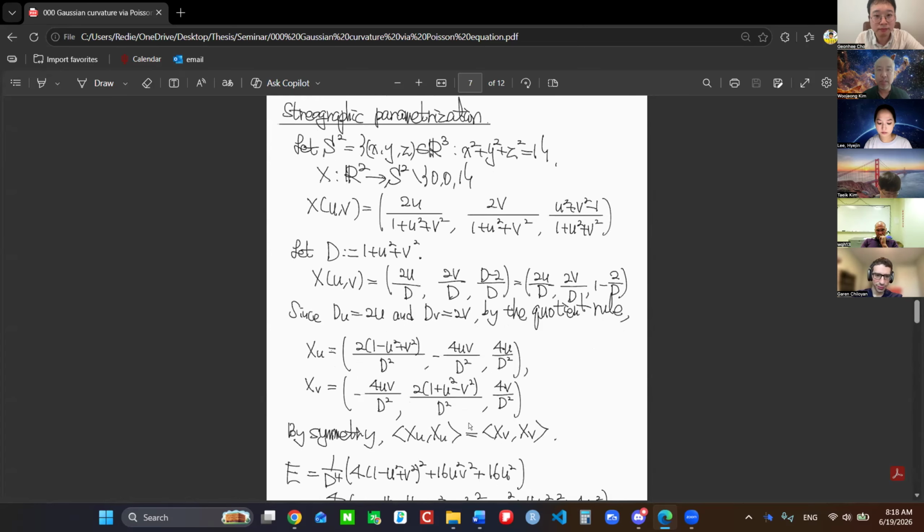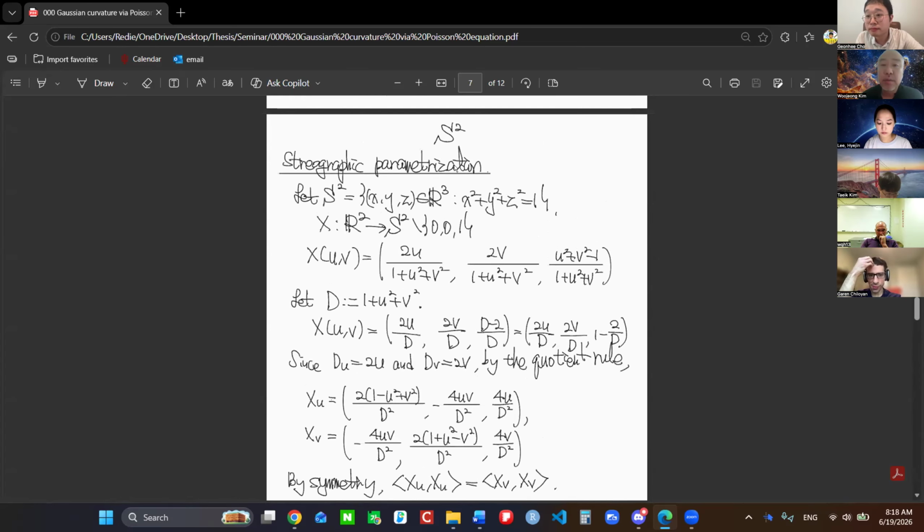So we're going to see the calculation here. In the unit sphere, we're going to use a stereographic parameterization. As you know, the unit sphere is defined as follows, and then we're going to remove the north pole. And then we have the parameterization in R3.